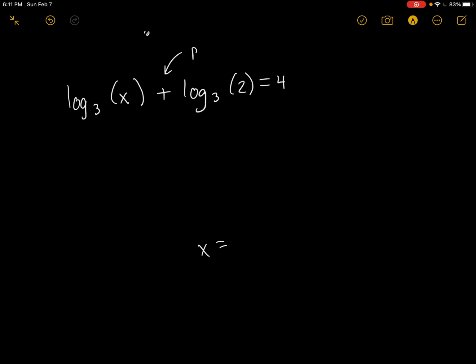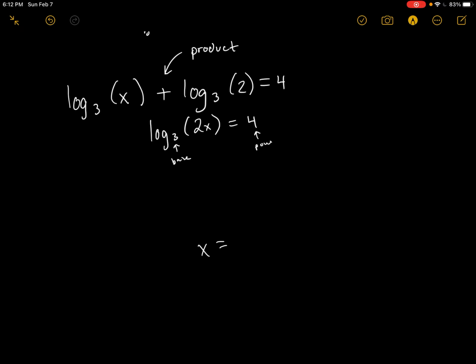Here we have an addition sign, so we know that we can use our product property. So log base 3 of 2 times x, so we're putting what's inside of the logs together, equals 4. And now we're in the format from the video from last class. If you don't know how to solve from here, I would pause, go back to the 6.4 video, and review that.